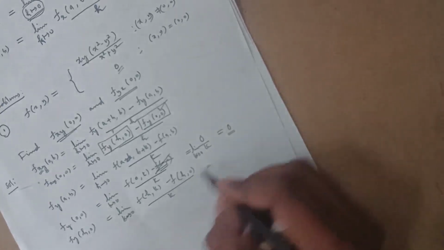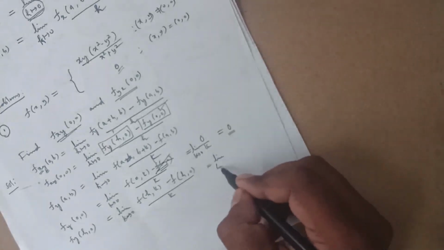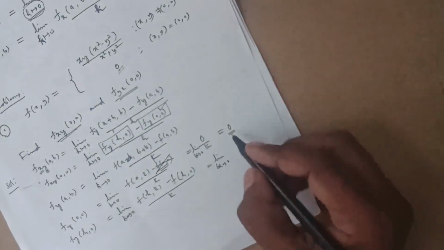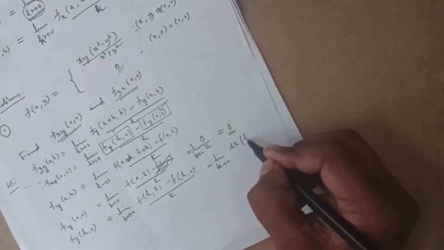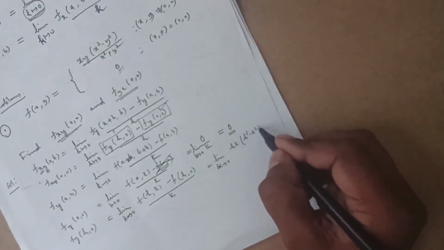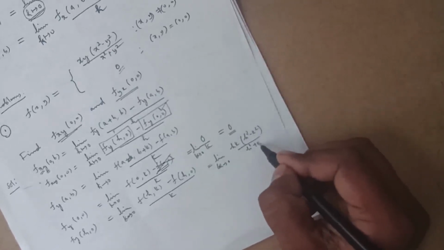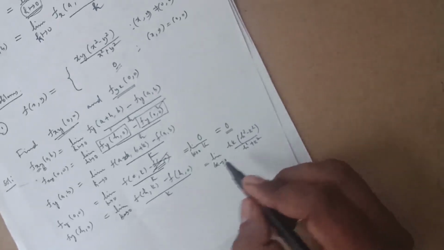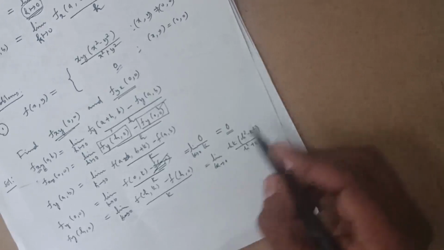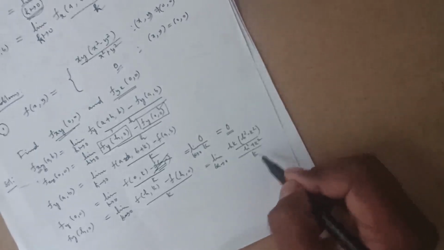This equals the limit as k tending to 0 of f of h comma k, which is hk times h square minus k square by h square plus k square, minus f of h comma 0, which is 0, by k.